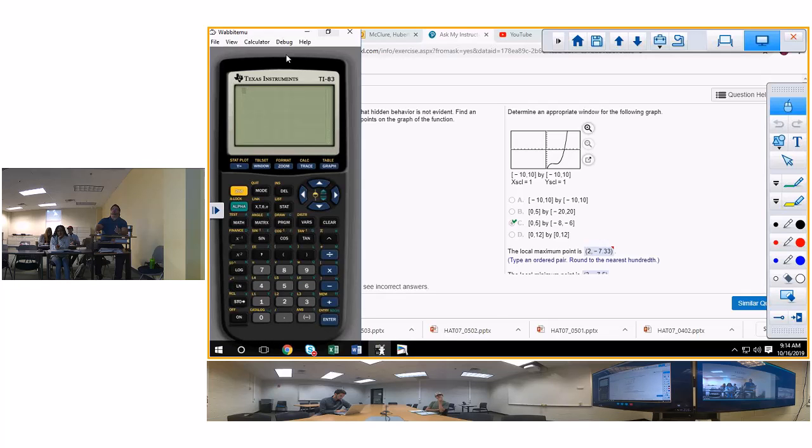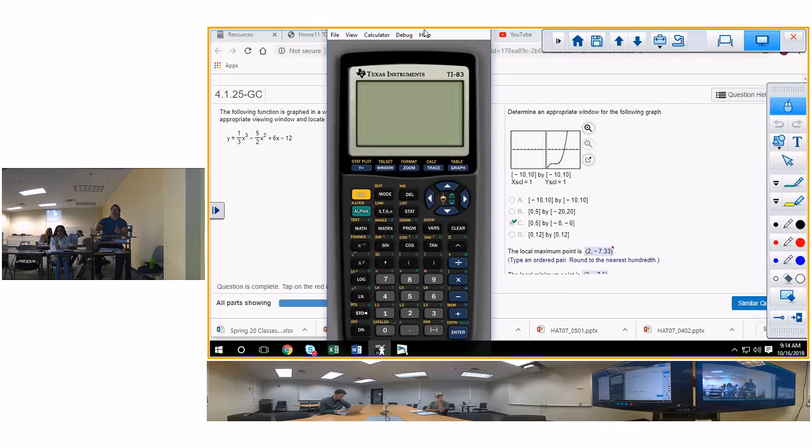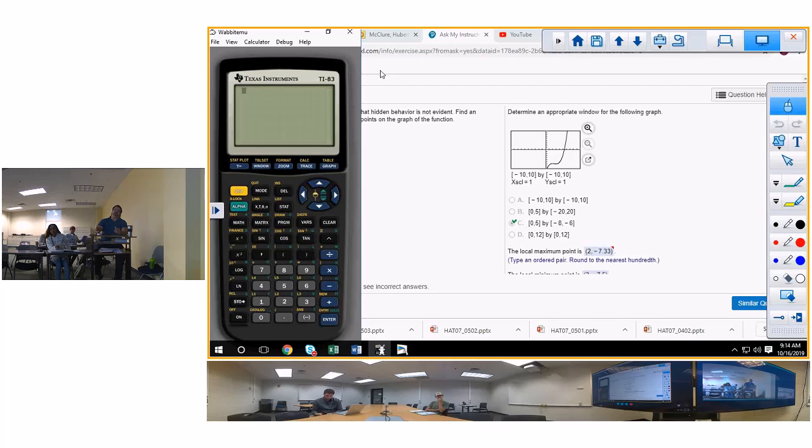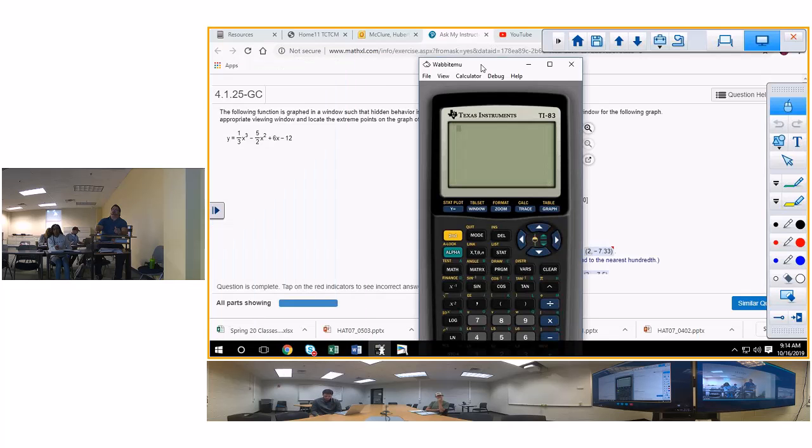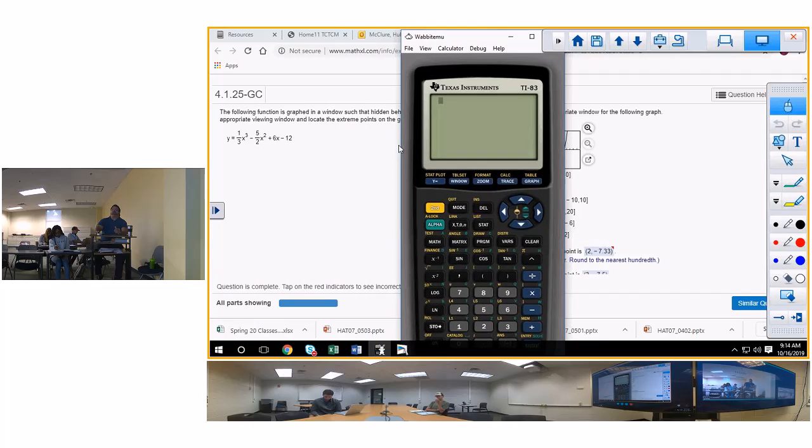Type it in, and you don't have to type it in as 0.33333 to the third; you can use 1/3. I'm going to use 1/3 because it might be best, but you can play with it and see what you get.